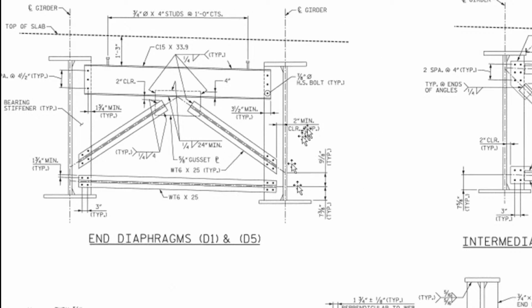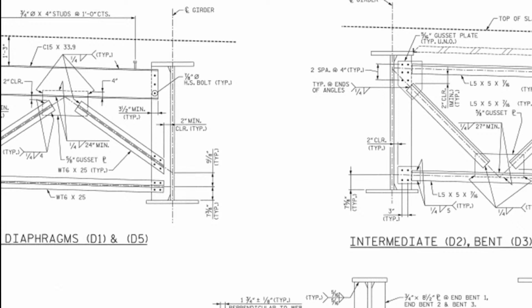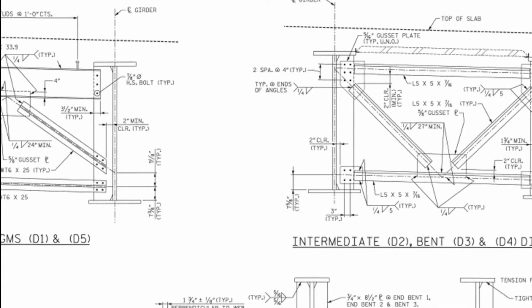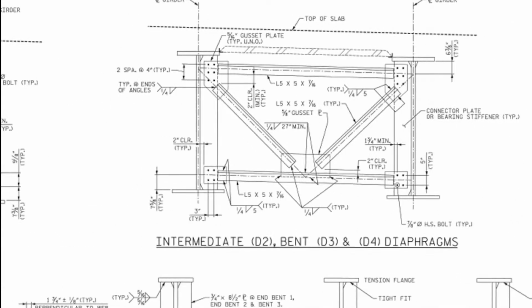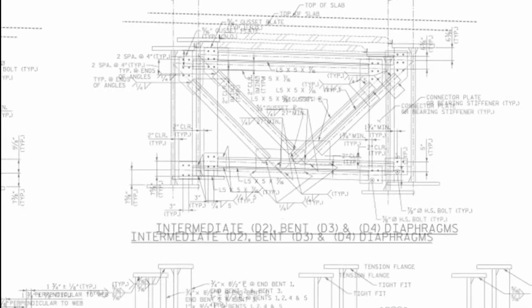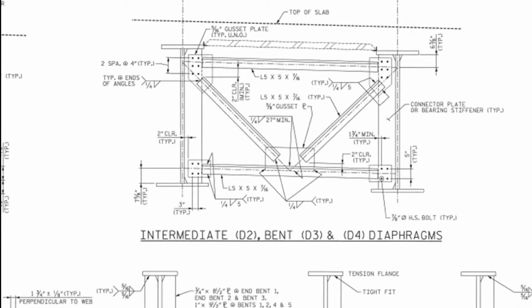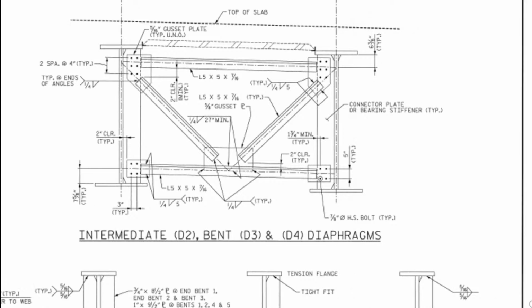Okay, anything? Let's move to the next one. This is intermediate. Intermediate D2, D3 bend diaphragm. So this gusset plate is now on the bottom side.